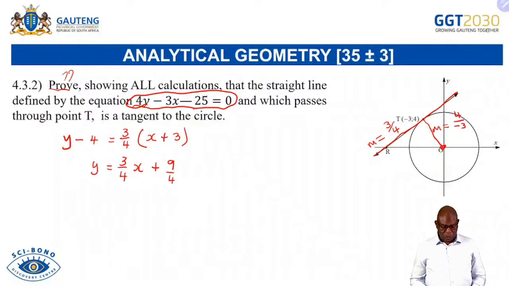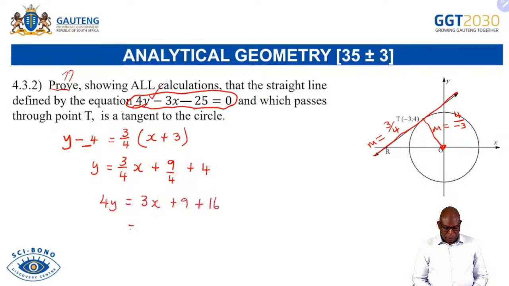Then from there, remember the -4 here, I'm going to add it to this side. Now I'm going to multiply throughout by 4 because my 4 is my LCD. I'm going to say 4 times y is 4y. I think I've got it right here. 4 times 3 over 4 is 3x. 4 times this is going to be plus 9. 4 times that is going to be 16.